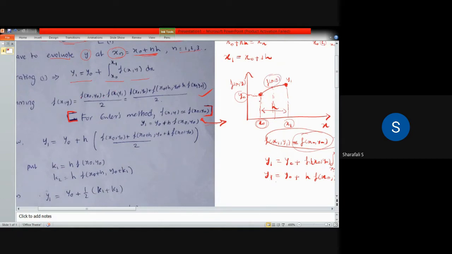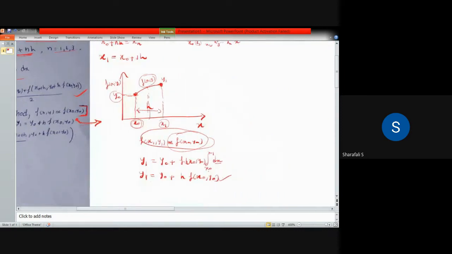So the assumption is that f of x comma y at a given point is equal to f of x0 comma y0 plus f of x1 comma y1 by 2. So we are considering some average of these 2 points.